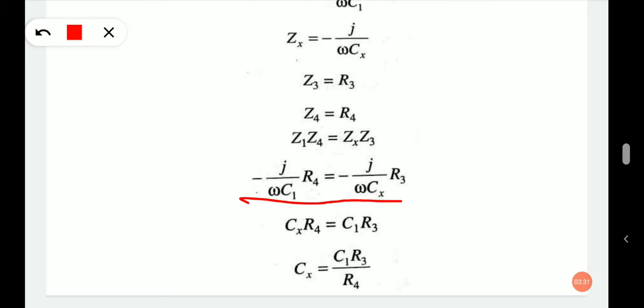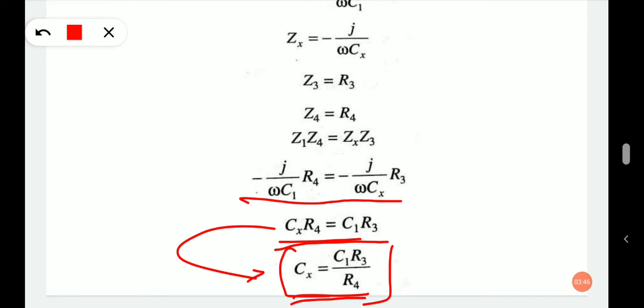So from this it will be Cx R4 equals C1 into R3. And after solving this, for Cx the expression will be C1 R3 upon R4.